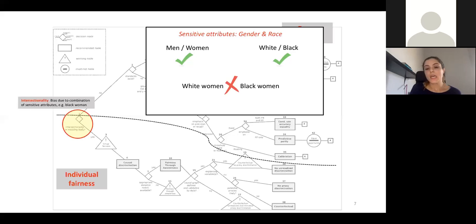But when we consider any conjunction of these factors together, the classifier might identify some discrimination. For example, white women versus black women. And in fact, as was stated by Crenshaw in her well-known paper, Mapping the Margins: Intersectionality, Identity Politics, and Violence Against Women of Color, black women are particularly prone to this type of discrimination.